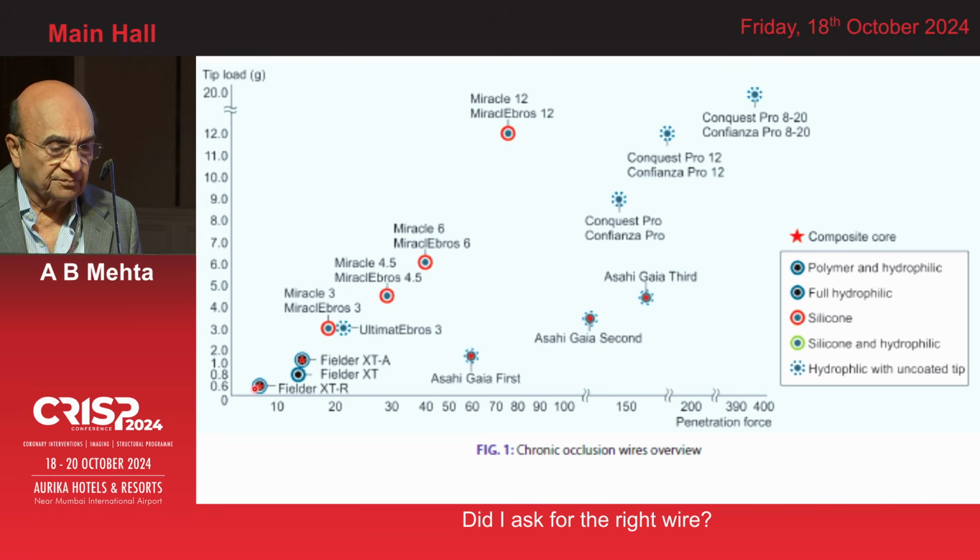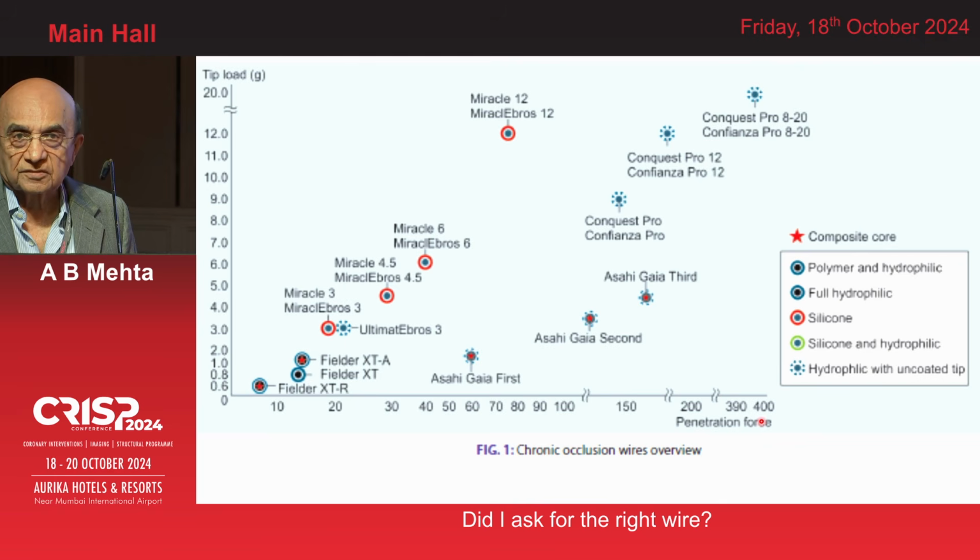If you see here, I have shown in the abscissa the penetrating force. What is the penetrating force? I'll come in a minute to it, but 3 properties are needed for the wire: the tip load, the point of the tip or the tip surface area, and lubriciousness of the wire.